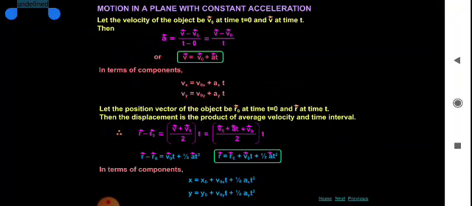So we can write the position vector r minus r naught, the displacement vector, is equal to v plus v naught divided by 2 times t. Instead of v we substitute the value v naught plus at.